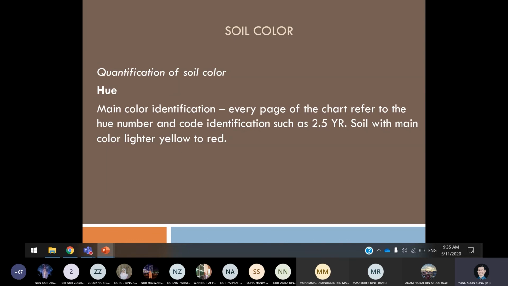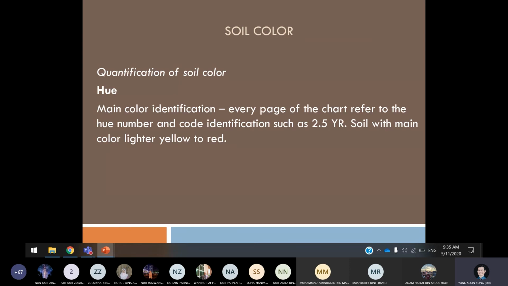The Munsell color chart actually has a lot of perforated pages with holes that allow you to see through. Near those holes, there are colors printed on the pages. So you compare. Is it the color that matches the color on the chart? If it does, then you choose that page.